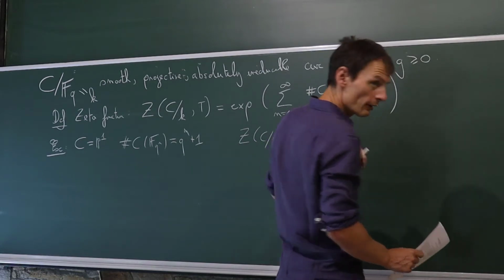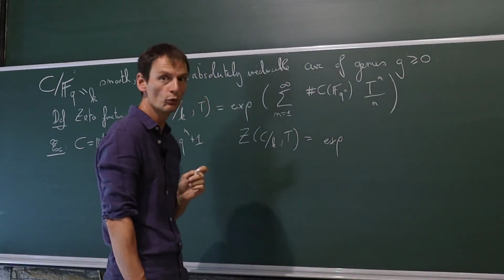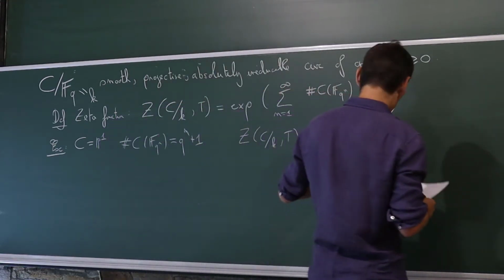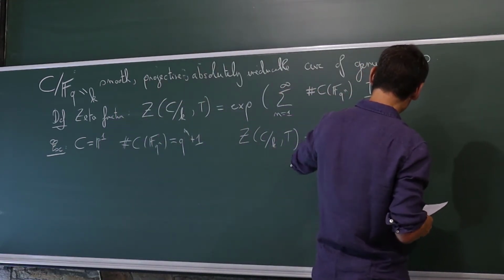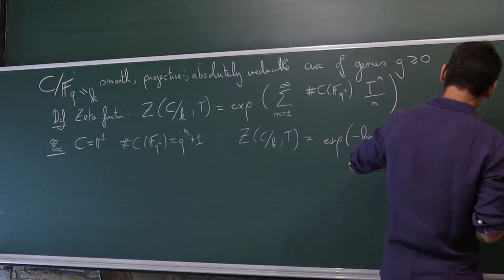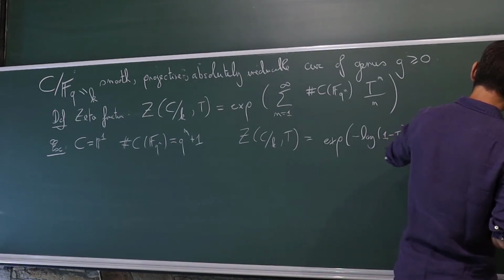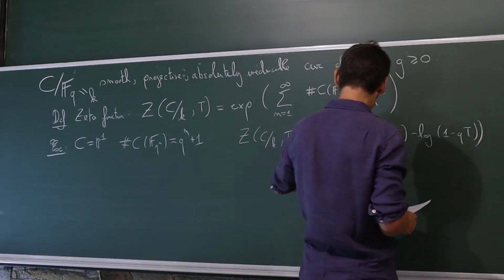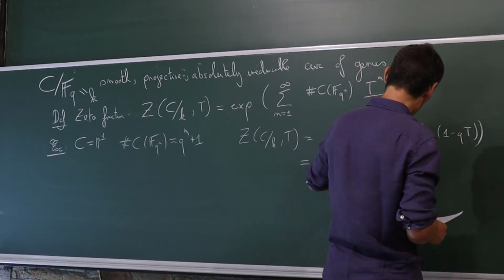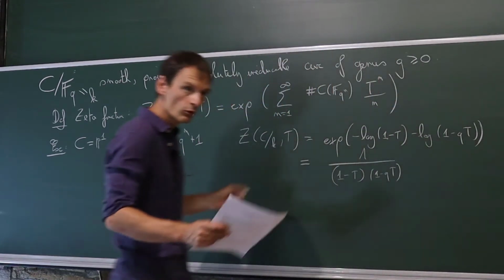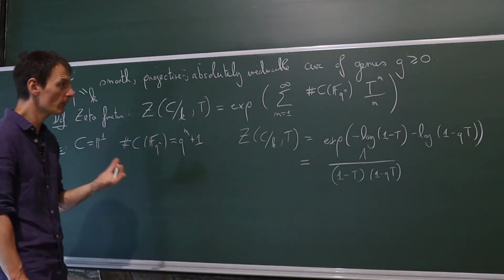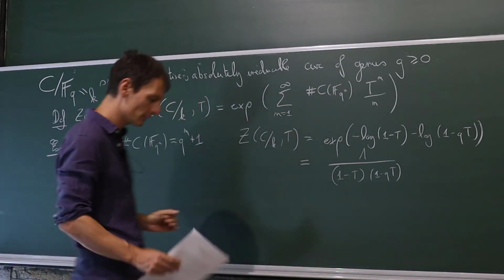And now what you recognize are power series related to log of 1 minus t and 1 minus qt. So this is minus log of 1 minus t minus log of 1 minus qt. And of course, then what you get is 1 over (1 minus t)(1 minus qt). A rational fraction. Nice. So it seems that indeed it helps to put it in this way.